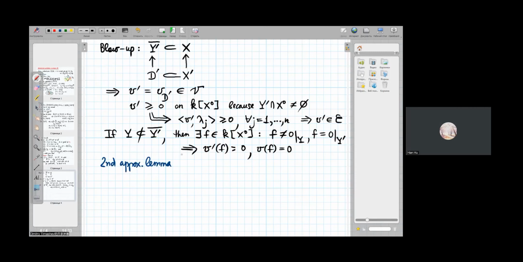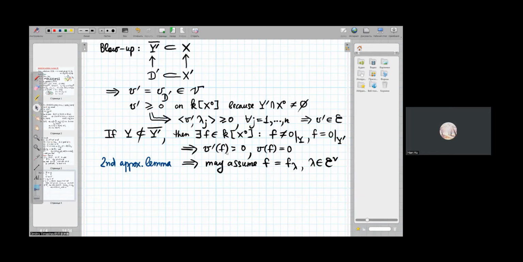The second approximation lemma allows me to replace this f by a B semi-invariant function. So I may assume by the second approximation lemma that f is actually a B semi-invariant function corresponding to some weight lambda belonging to the dual cone of C. Why so? Well, what does the second approximation lemma say?